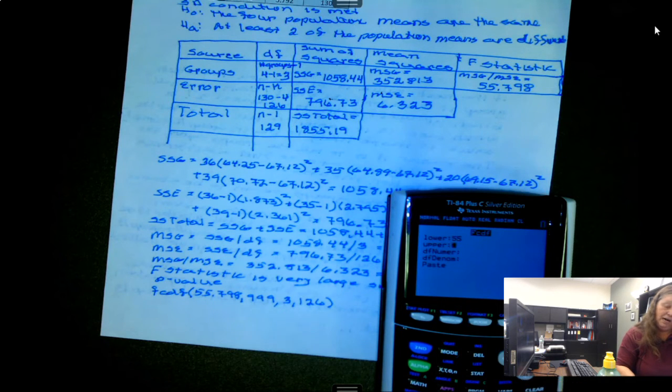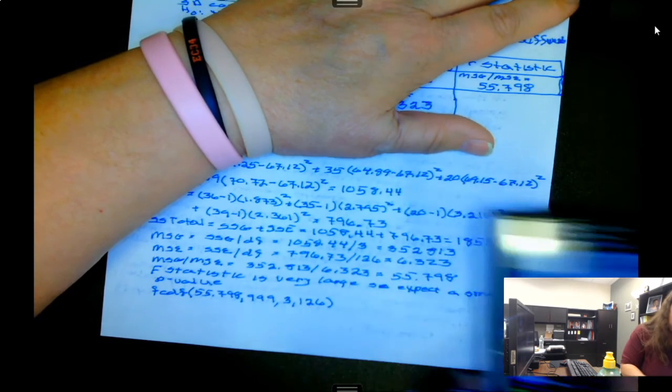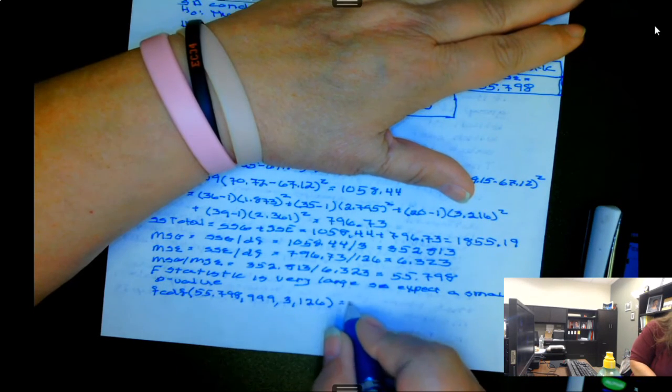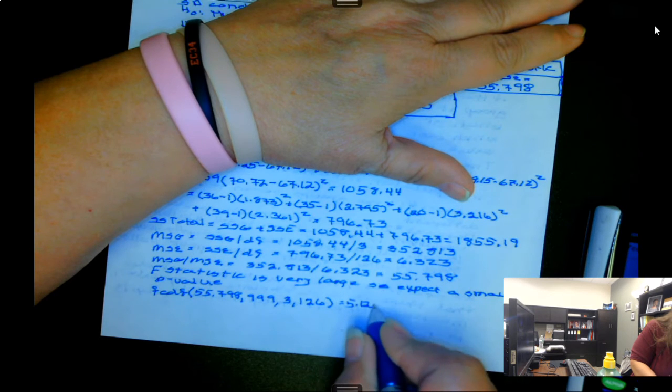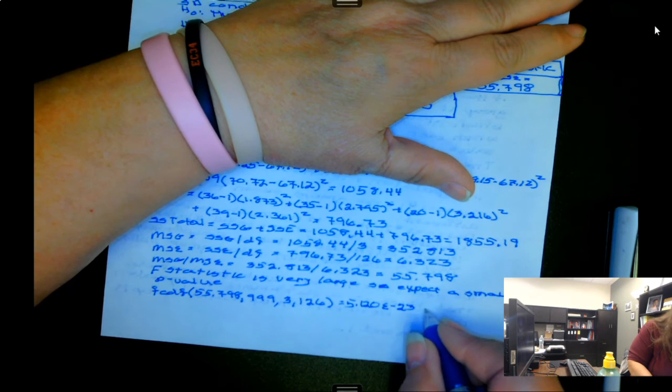Lower is 55.798. Upper is 999. Degrees of freedom for the numerator is 3. Degrees of freedom for the denominator is 126. And when we calculate it, we have 5.120 E negative 23. So it's essentially 0.